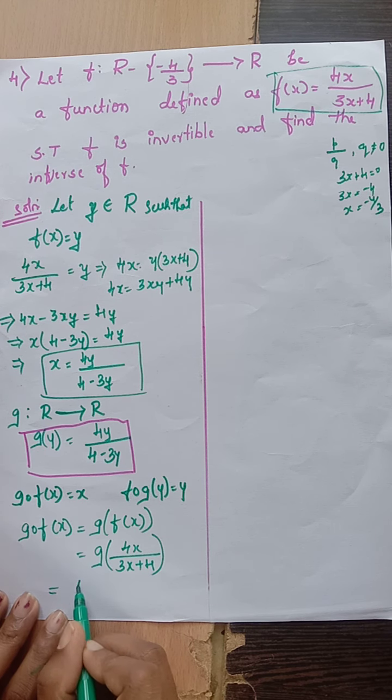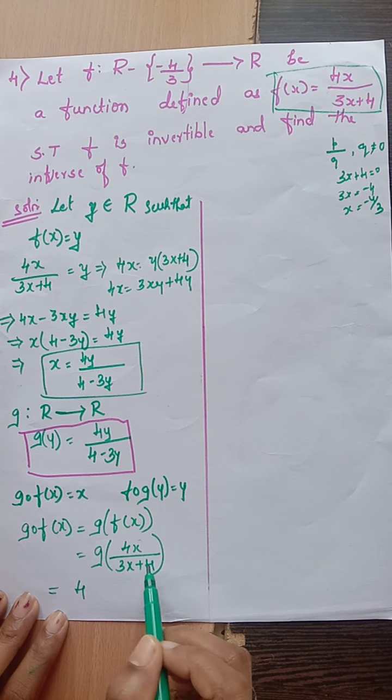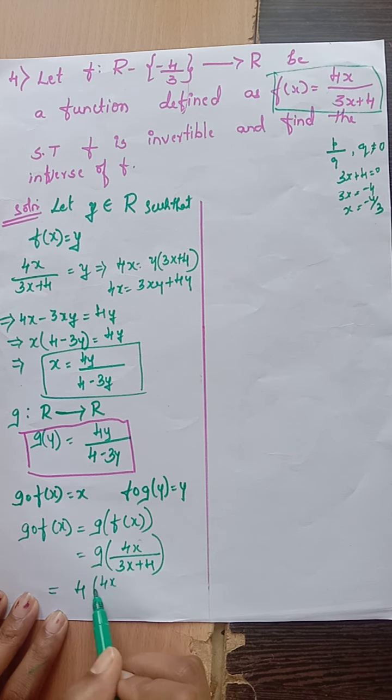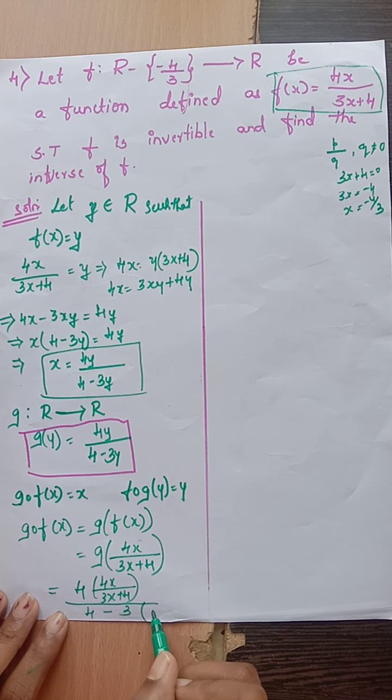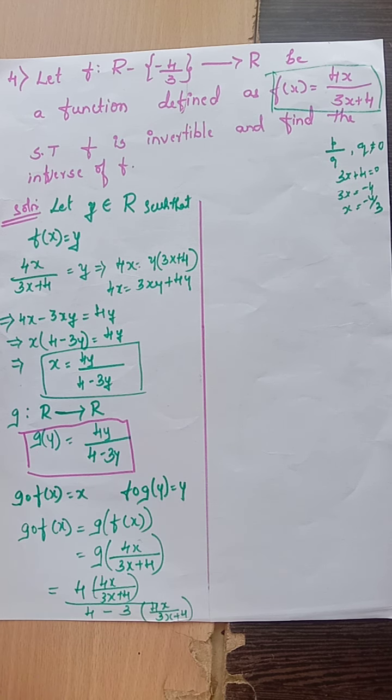That is equal to 4 into, after 4 it should be y, but instead of y I have 4x divided by 3x plus 4, whole divided by 4 minus 3 into, again wherever we have y, we replace it by 4x divided by 3x plus 4.